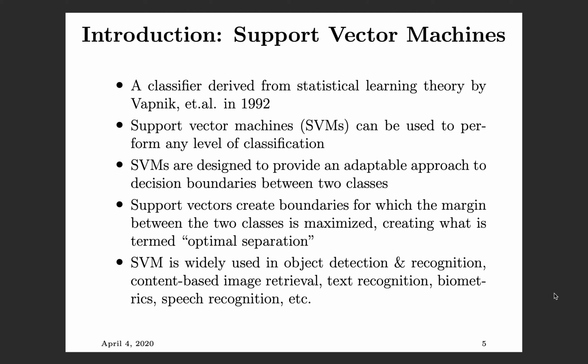It is applicable to two or more classes and also to linear and non-linear data sets. SVMs are designed to provide an adaptable approach to decision boundaries between two classes. Actually, it will find the best decision boundary, because we are focusing on the maximization criterion, so we are able to find the optimal separation between two classes.